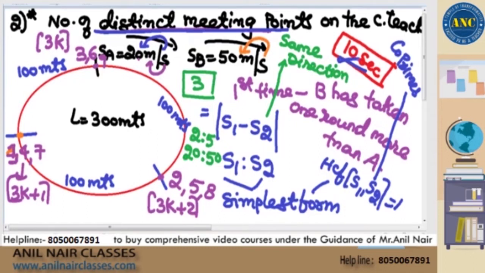B will be 1 second 50 meters, 10 seconds it is 500. 100, 200, 300, 400, 500. That means when A travelled 200 meters, B will travel 500 meters. That means they both are meeting here.